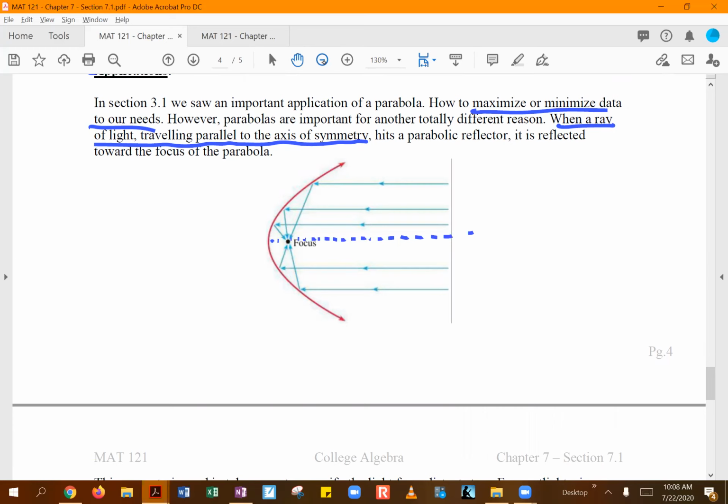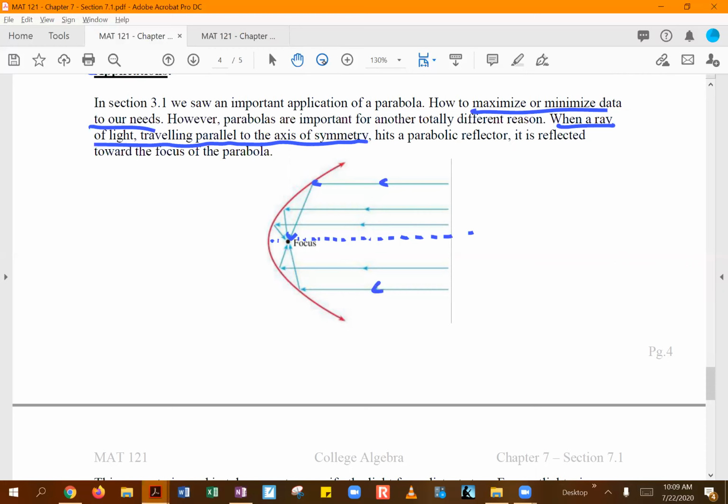So if you have light traveling parallel to the axis of symmetry and it hits that parabolic surface, which would be a parabolic reflector, and that's of course this curve in red, that ray of light will hit the parabolic reflector, and as you will see, it starts going towards the focus. So all of these rays of light are hitting our reflector, and then they get reflected back towards the focus.